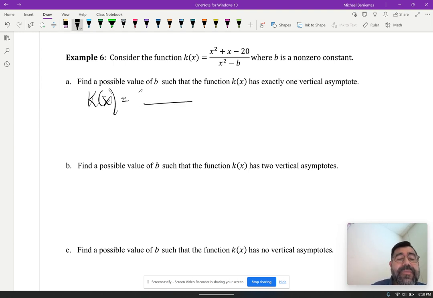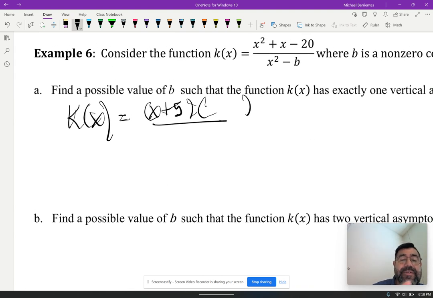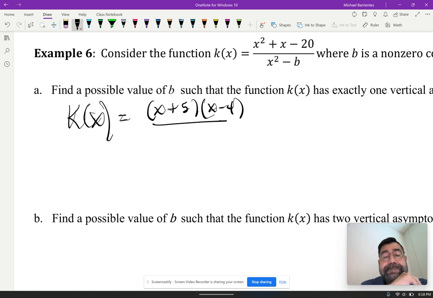So if I factor the numerator, I'm going to get x plus 5. Let me zoom in a little bit. Maybe those scratches will go away. Or maybe not. Let's see. A little better. If I factor the top, it'll be x plus 5, x minus 4.